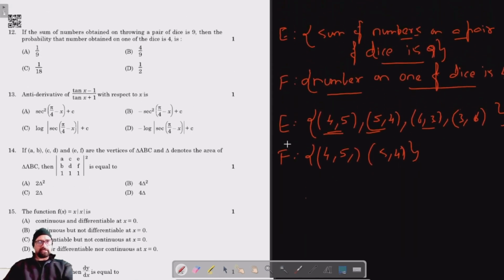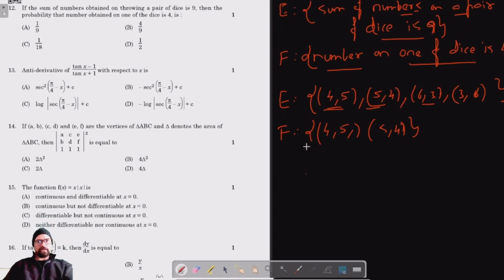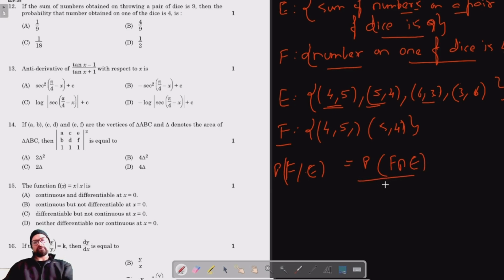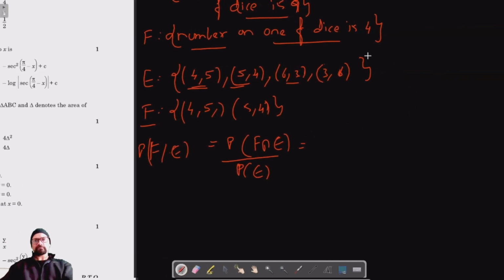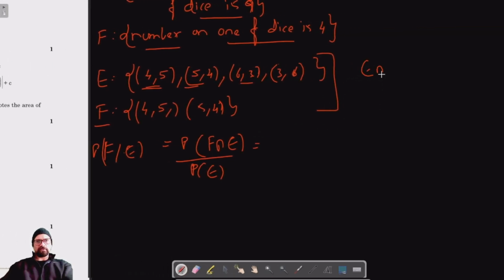Now we have to find the probability that the number obtained on one of the dice is 4, that is, we have to find F when E has happened. We know that this is equal to the probability of F intersection E divided by the probability of E. Between these two, the intersection is 4 5 and 5 4.